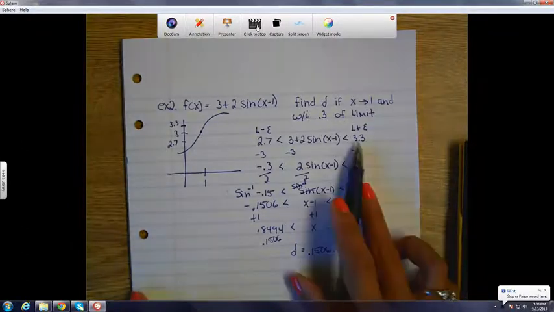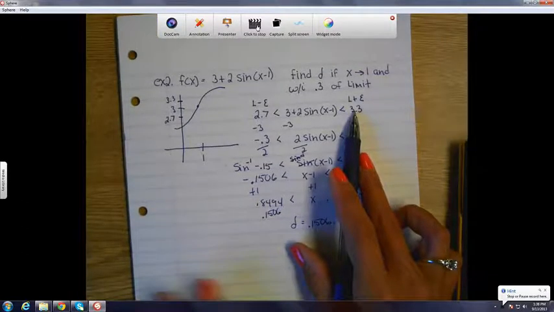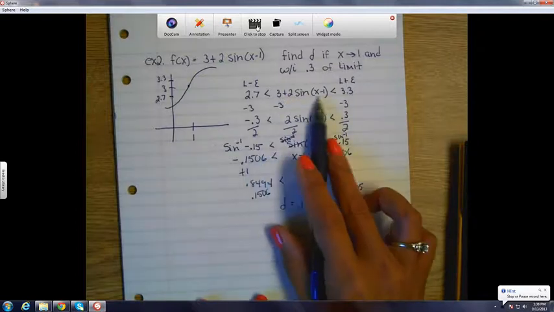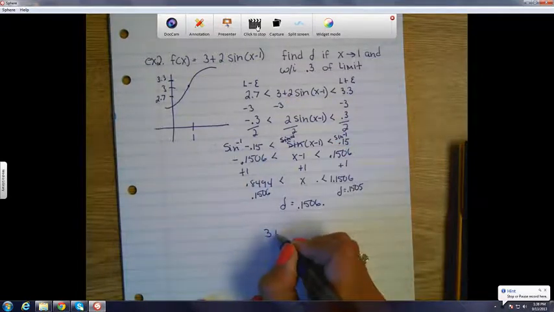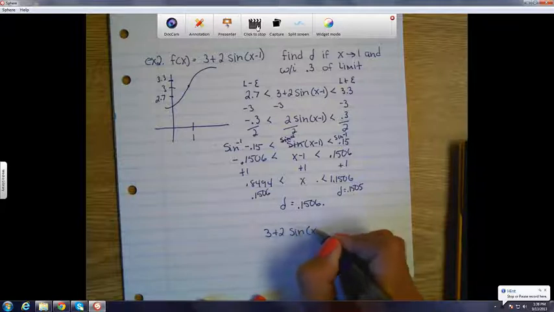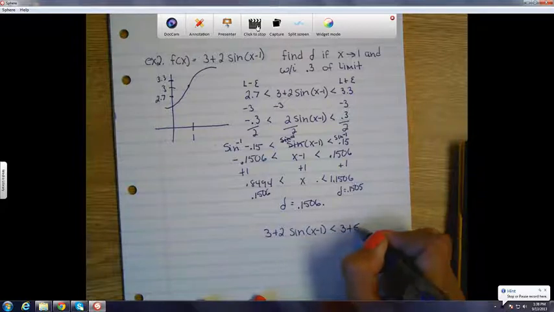Now we want, same thing as before, to redo the whole thing, carrying along the epsilon value. So since it came out symmetrical, we only have to work out one side. They're the same, so it does not matter. I'm going to choose to do the right-hand side. So the second part, for any epsilon, I'm just going to redo this line. 3 plus 2 sine x minus 1 less than the limit of 3 plus now any epsilon.